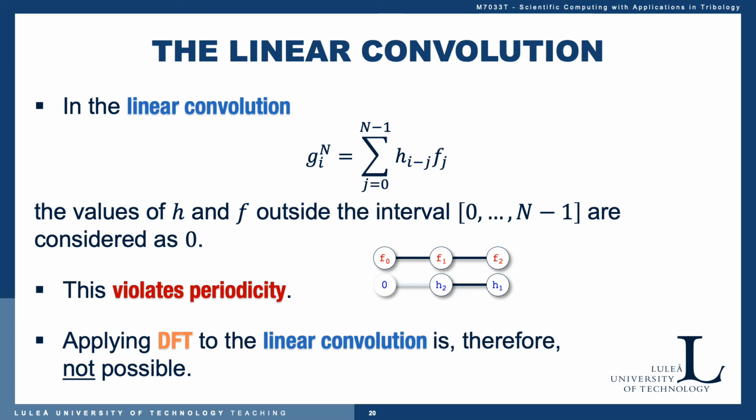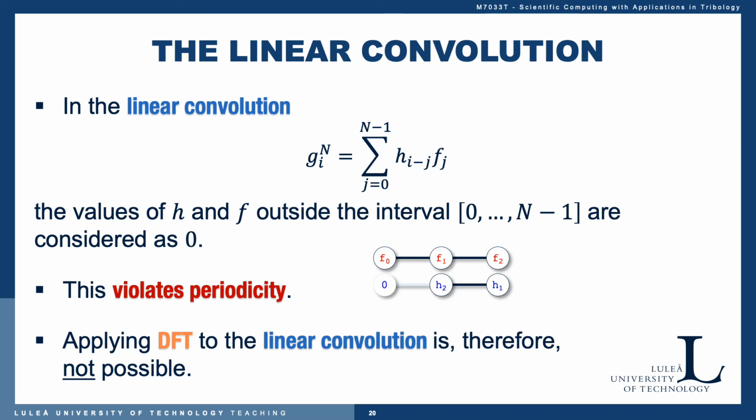In the linear convolution, the values of h and f outside the interval are considered as 0. We could switch the summation index, the dummy index j, between h and f, and therefore either h or f outside the interval should be considered as 0.